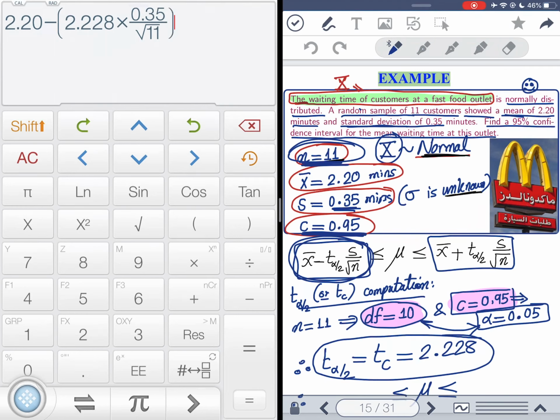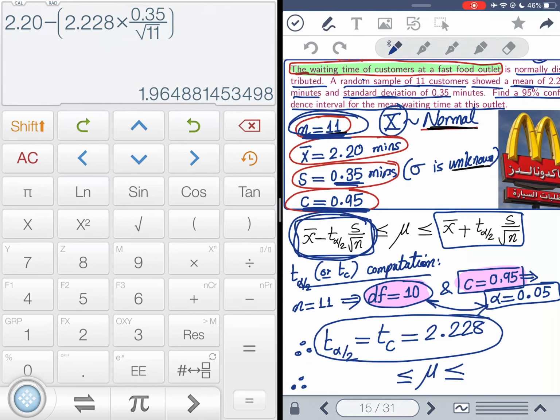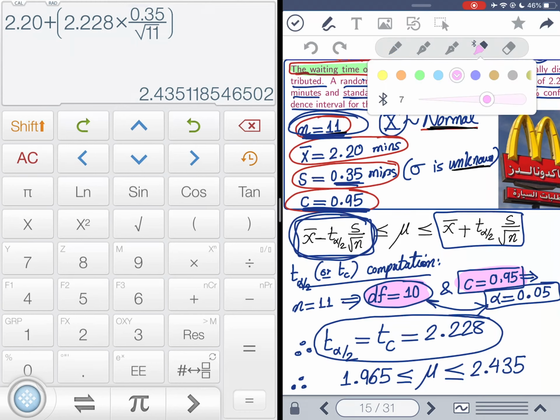Okay, so now equal. So I got 1.965. I'll do 3 digits. And then the upper limit for confidence will be when you put a plus. So this will give you 2.435. And that is our final answer.